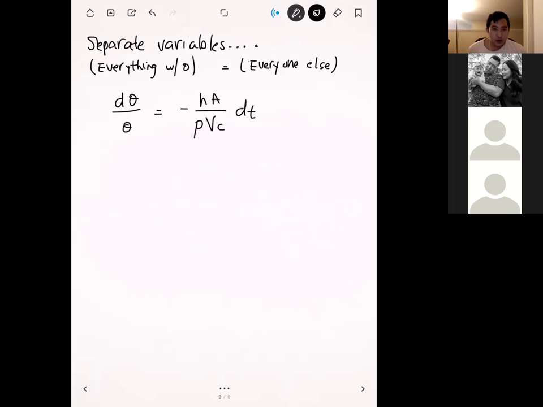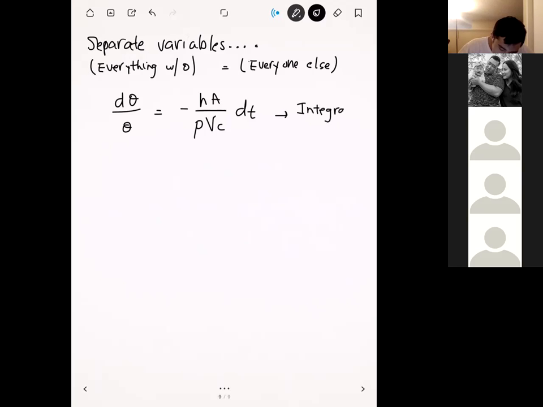And yes, I know that it's mathematical sacrilege to break up a derivative like that, and that's not what a derivative is, but it works well for this, and we're engineers, so it's okay. Because from here, you can simply integrate.